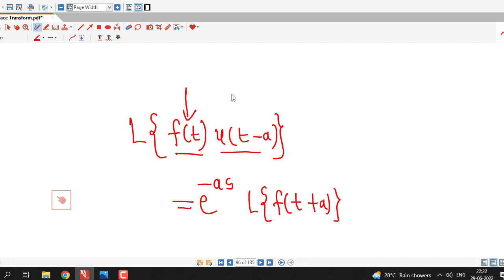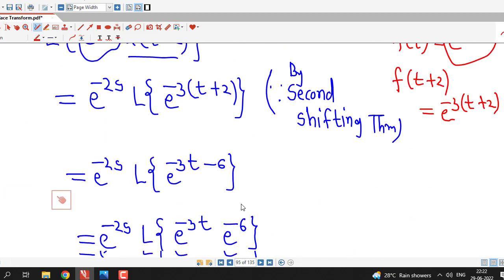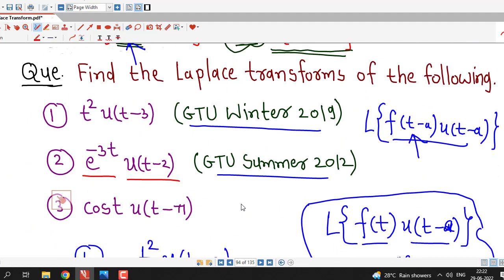In f of t we replace t by t plus a, and we find out Laplace transform of f of t plus a, and we multiply it by e raised to minus as. So remember this alternative form of second shifting theorem also, it is very useful.